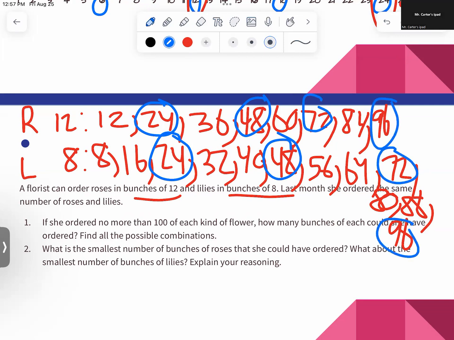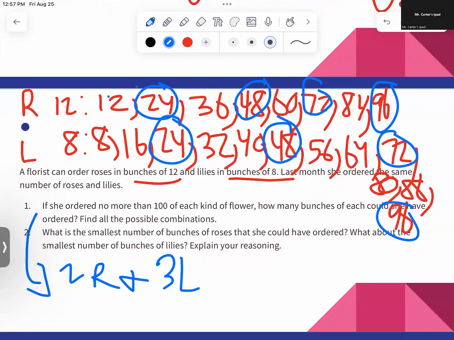Now, the first question says, if she ordered no more than 100 of each kind of flower, how many bunches of each could she have ordered? So she could have ordered two roses and three lilies, right?